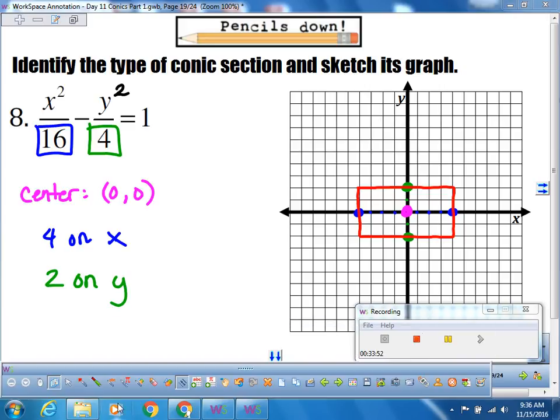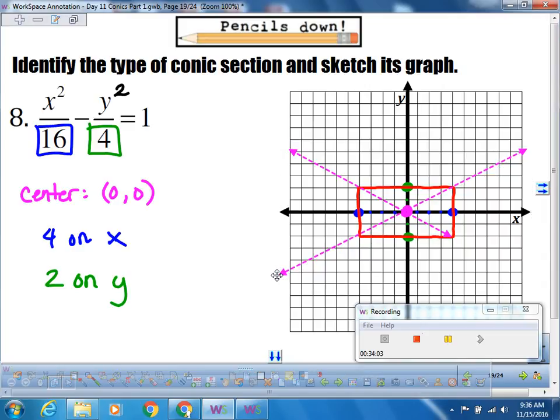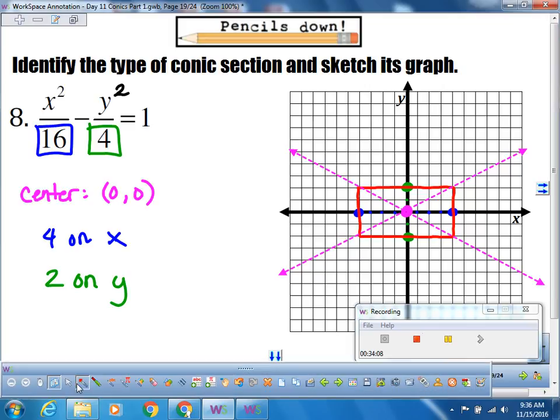Alrighty, so that gives me my asymptotes. There's my asymptotes. Let me extend them just a little tiny bit. So after I extend them, are my branches going to be on the x-axis or the y-axis?